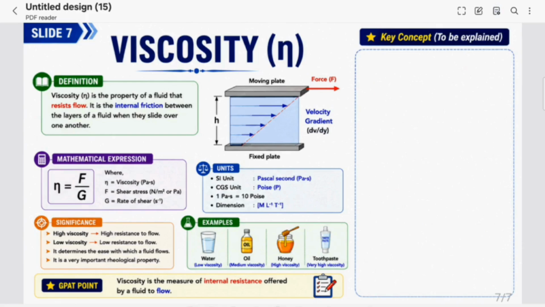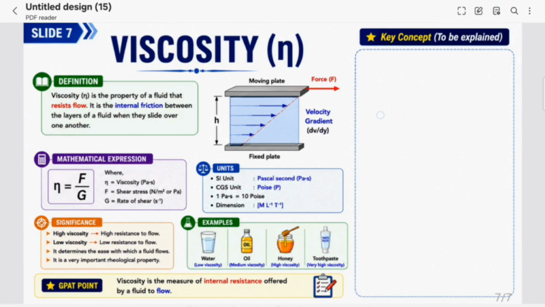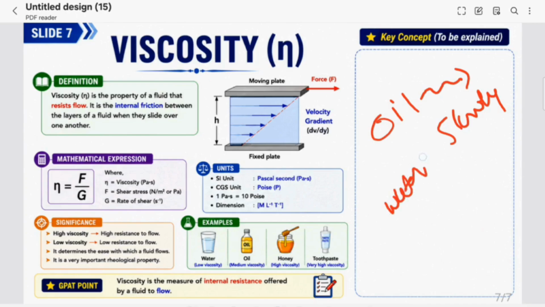Easily we can say, if the liquid is more viscous in nature, then the flow of the liquid is very slow. The best example is oil, which flows very slowly, whereas water flows at a faster rate as compared to oil.